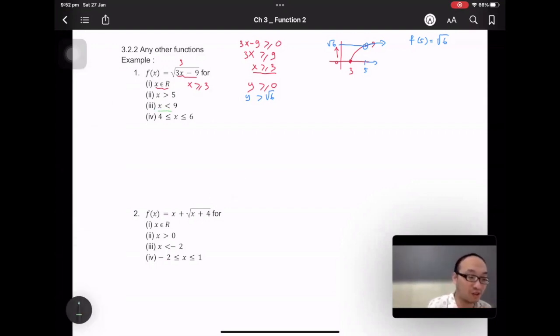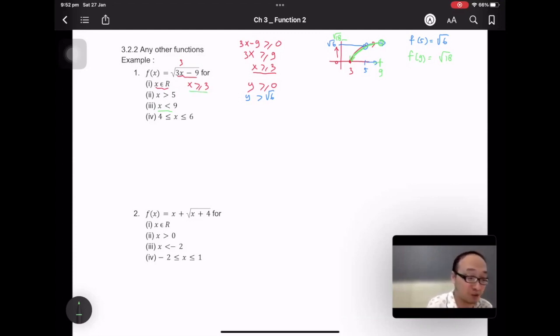And for the third one, smaller than 9. So again, this is 9, so I can find f(9). f(9) is 3 times 9, 27, minus 9, which is root of 18. We can see that it goes from root of 18 and then down until it stops at 0, because the domain is restricted to x greater than or equal to 3.